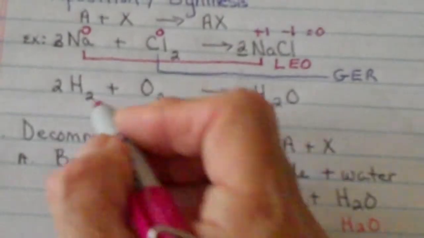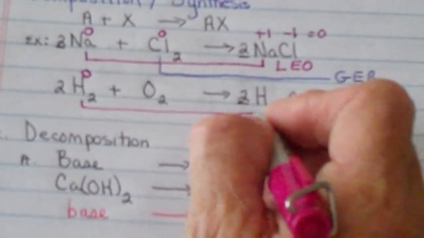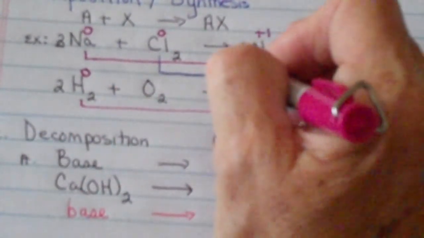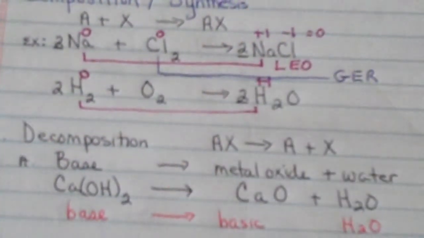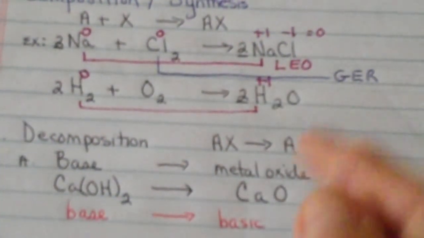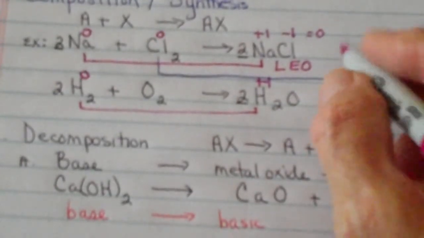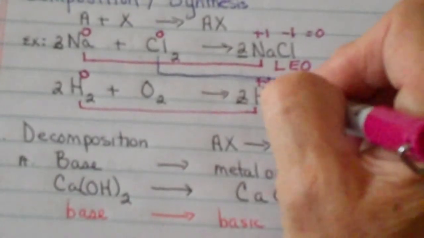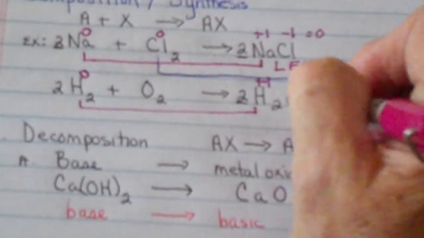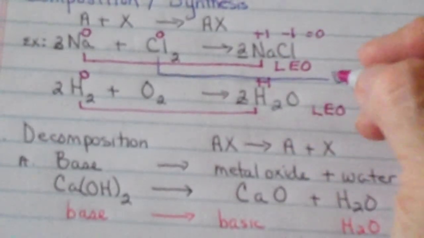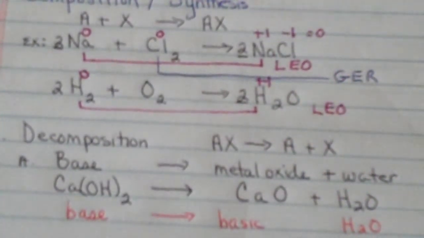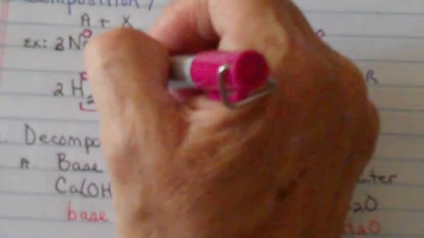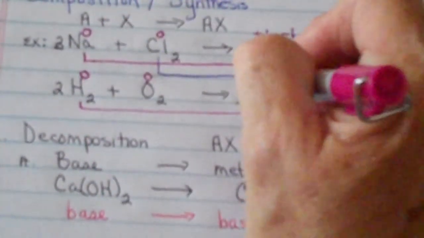We could do the same thing here. Hydrogen goes from 0 to +1 in this formula. So hydrogen is undergoing oxidation. Losing electrons is oxidation, and the chemical becomes more positive. Meanwhile, oxygen goes from 0 to -2.